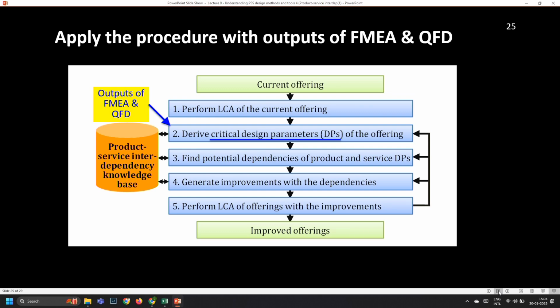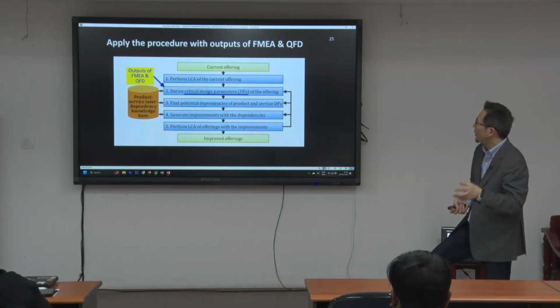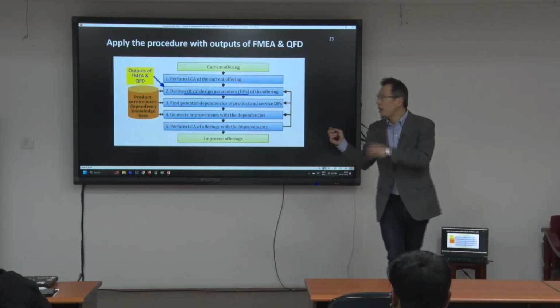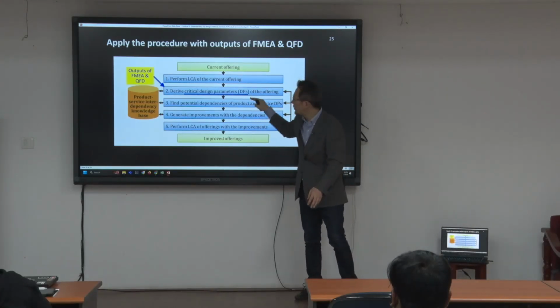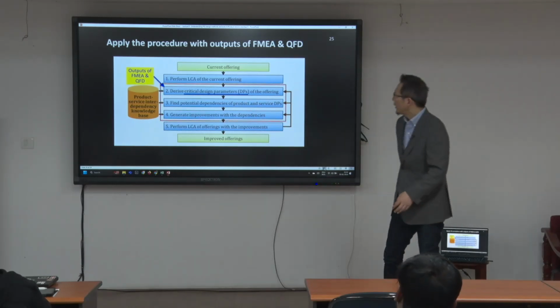And here, as the starting point, critical design parameters of products and services. I suppose you have some useful outputs from FMEA and QFD. No? So, of course, you are recommended to use the outputs from the other methods. And then once you have these critical design parameters, then you should move to step 3, right?